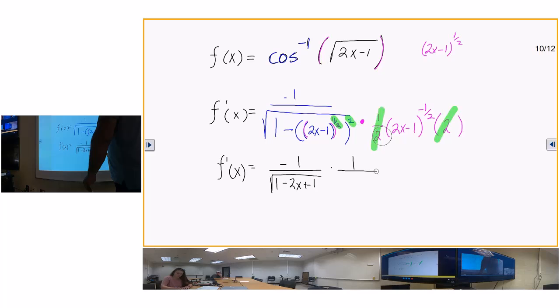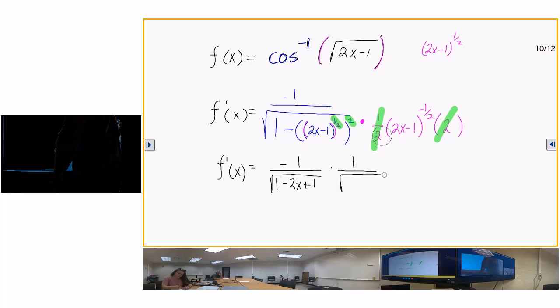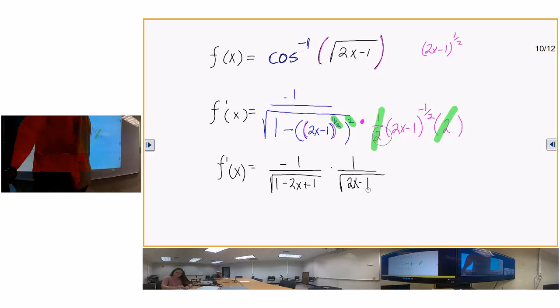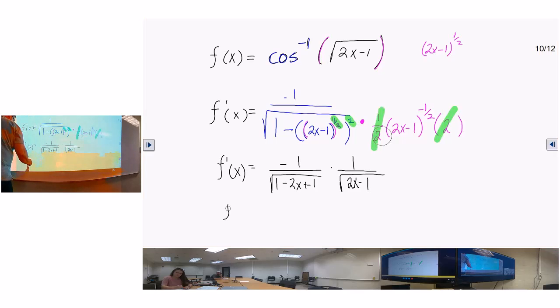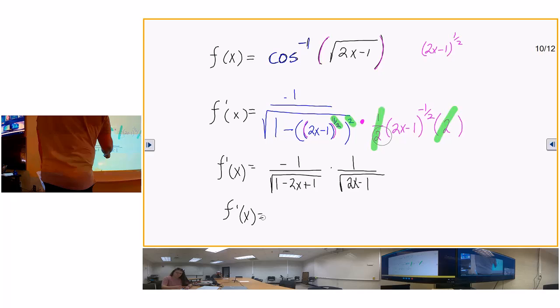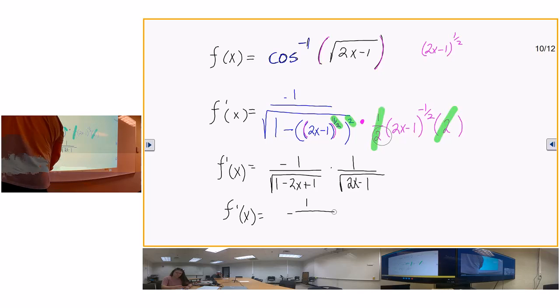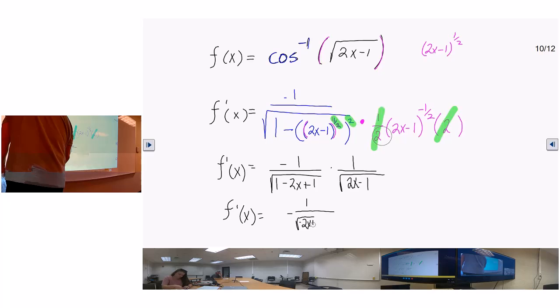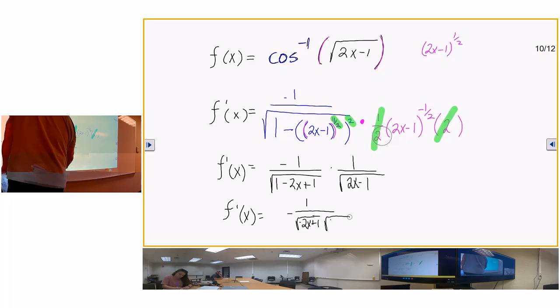Okay, that's going to be the square root of 2x minus 1, and this is going to be it. f prime of x is equal to -1 over, and you can put the negative with the 1 or you can put it out front, the square root of -2x plus 1 times the square root of 2x minus 1.